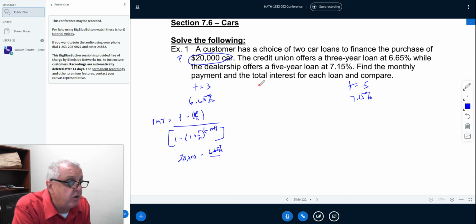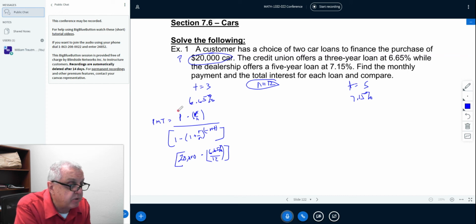It doesn't say how often you compound it, but for a car loan, you compound it monthly. You make a payment every month, so 12 times a year. Car loans are always 12 times a year. So that's the top.